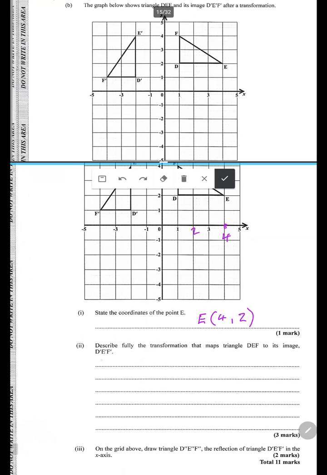You can write it like this: triangle DEF maps onto triangle D prime E prime F prime by an anticlockwise 90 degrees rotation about the origin.